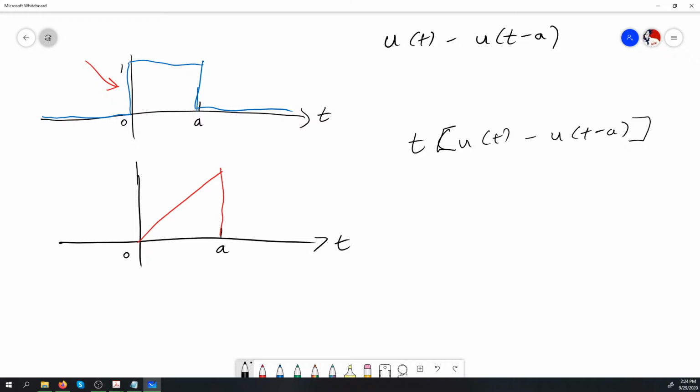Because we know that the gradient of this line, given by the equation t, has no factor in front, this means that the gradient must be 1. So our value here must be a in order to represent this gradient of 1.